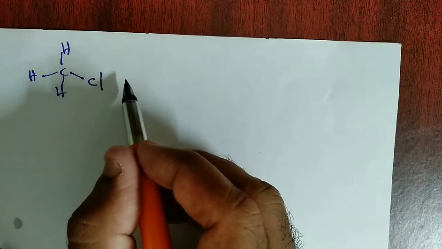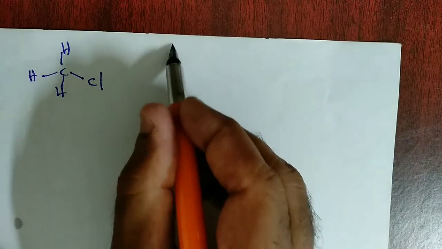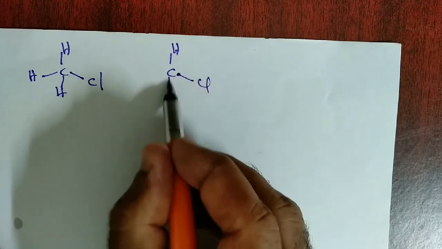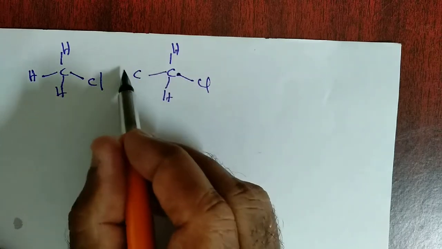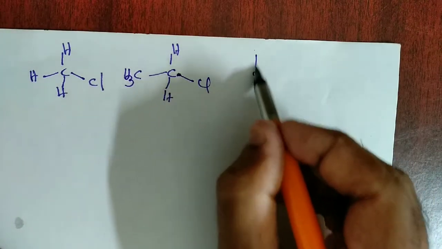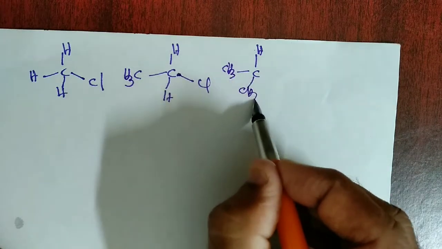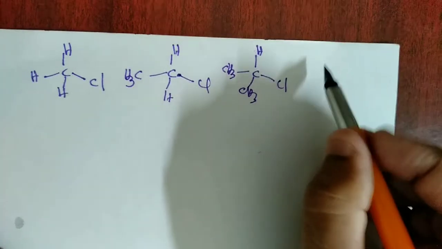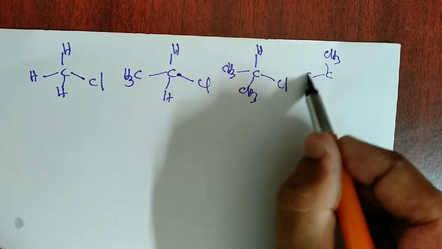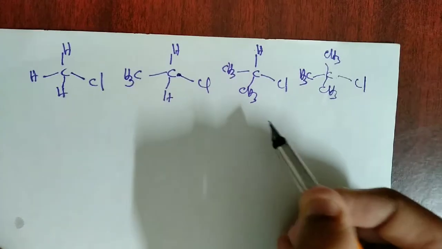When we compare the rate of SN2 reactions of methyl chloride, ethyl chloride, isopropyl chloride and tertiary butyl chloride, methyl chloride is most reactive towards SN2 reaction.